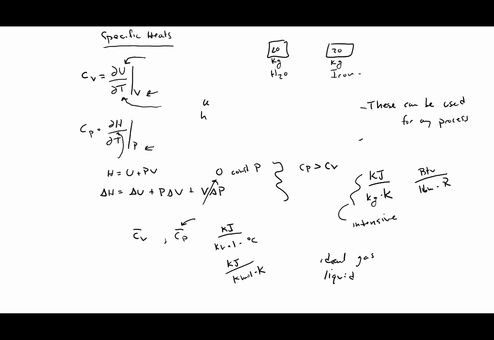But there isn't thermodynamic data available in table form for lots of different substances. So if we have an ideal gas that is not water or a refrigerant, then we're going to want to use a specific heat to calculate our internal energy or our enthalpy, and also for certain liquids, which we're going to talk about.